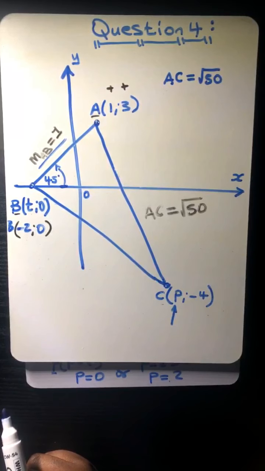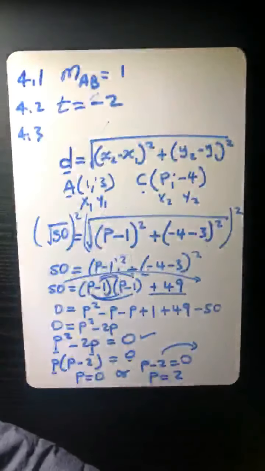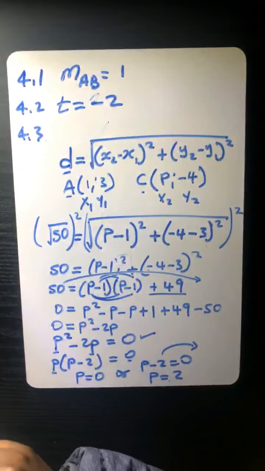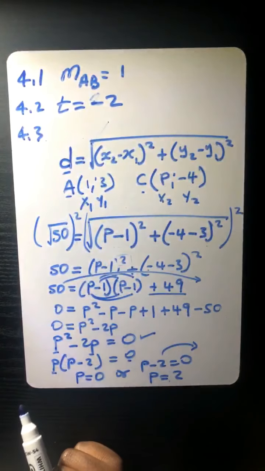It's a positive 2, sir. Please repeat the question. The question was that between these two values, which one suits to be a P value? It's positive 2.